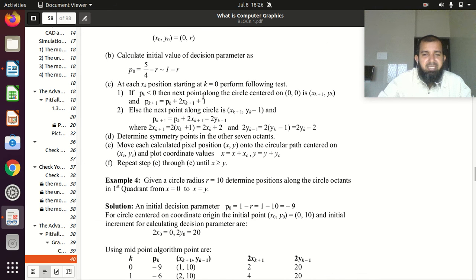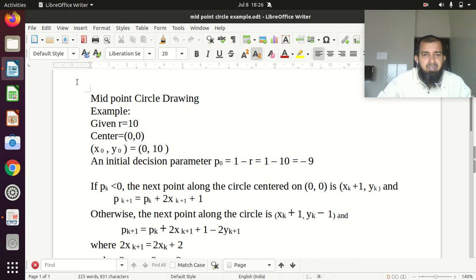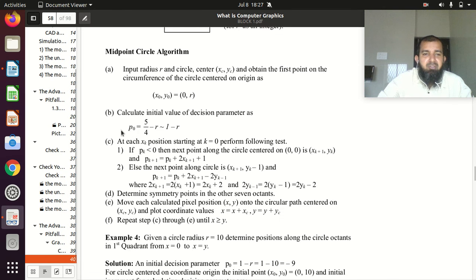For example, if r is equal to 10, then x0 is 0, y0 is 10, and the initial decision parameter is 1 minus r, that is 1 minus 10, which is minus 9. So minus 9 is the initial decision parameter.